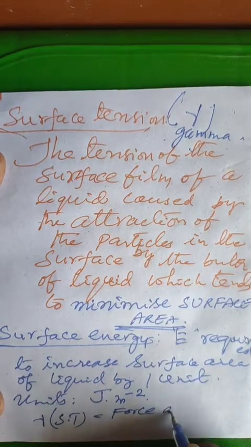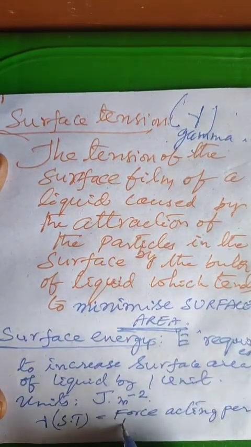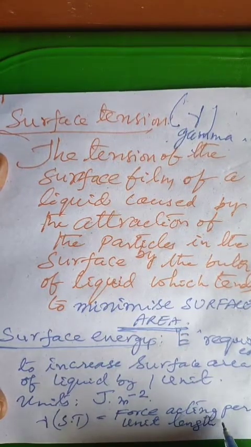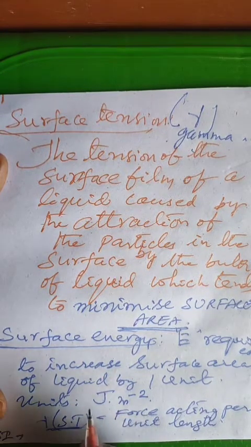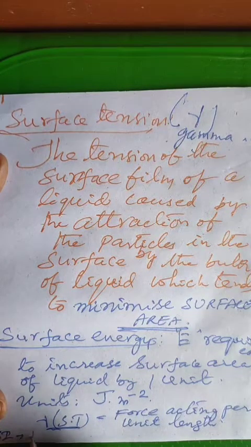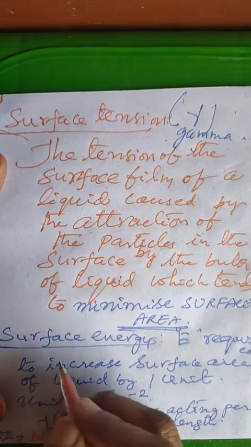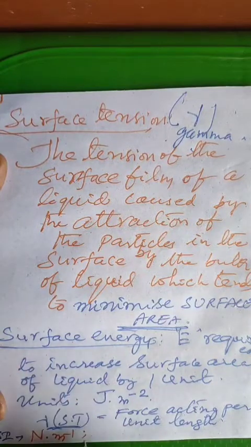Force acting per unit length. Yes. What are the units in SI units? As force is taken in Newton per meter, Newton per unit length, Newton per meter. Yes. And what are the dimensions of surface tension?